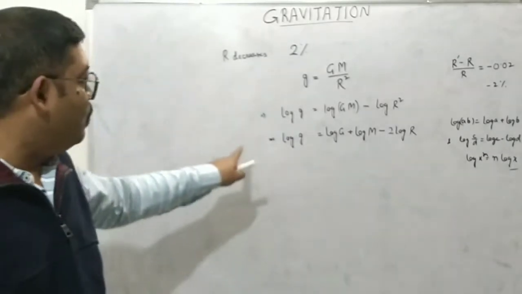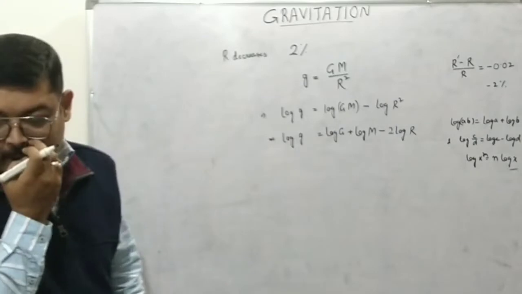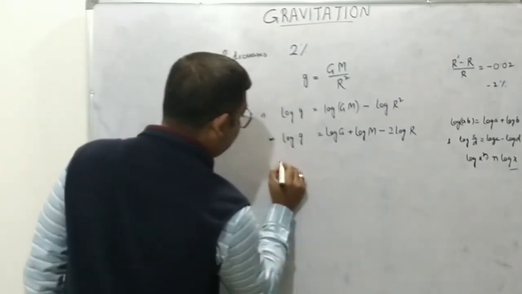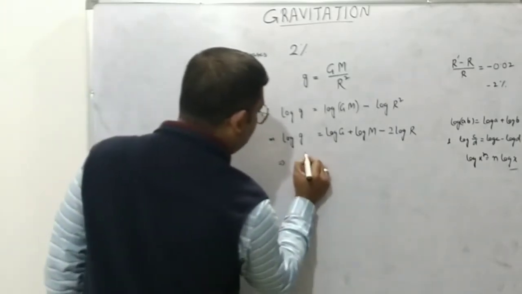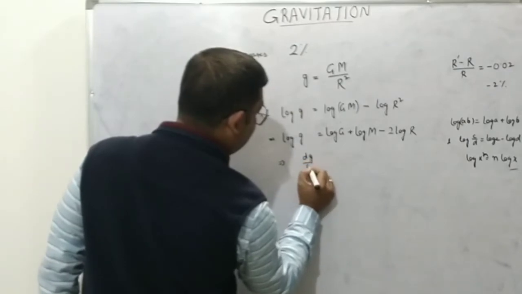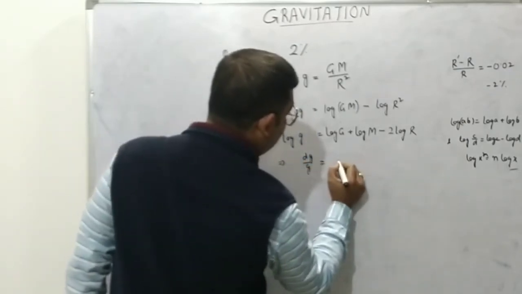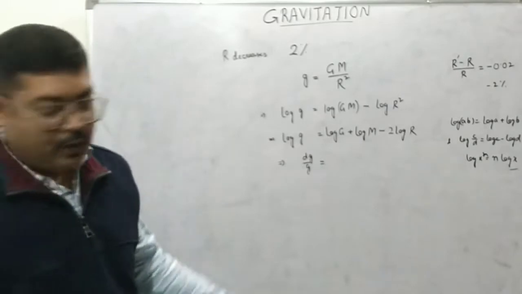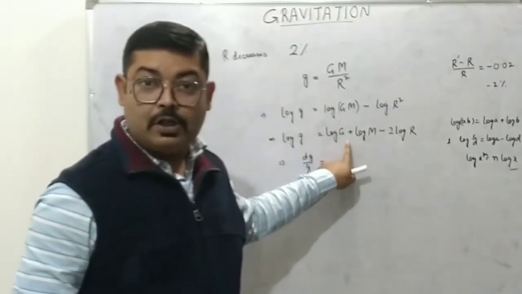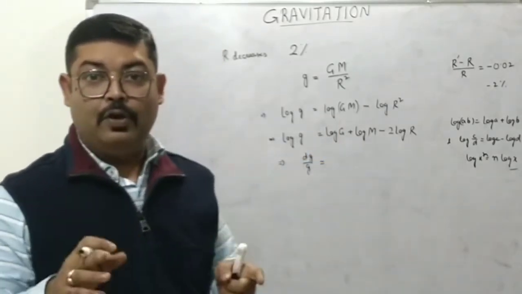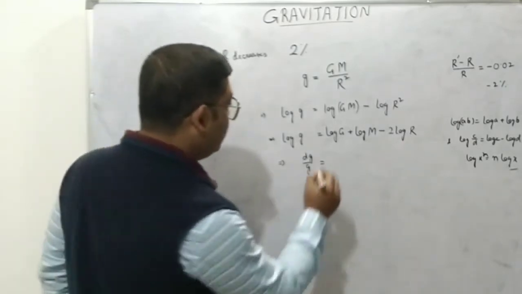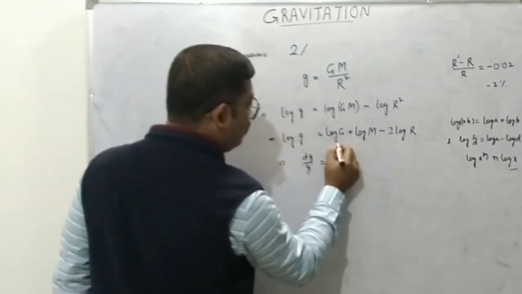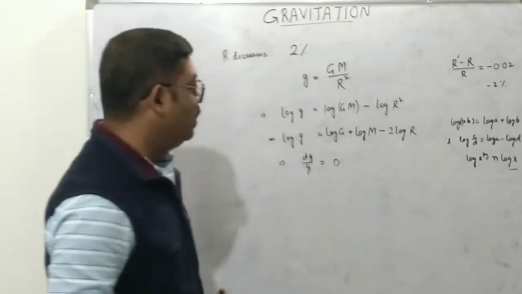Now if we differentiate both sides, what we will get? We will get dg by g will be equal to, if we differentiate a constant term, since G is the universal gravitational constant, we know differentiation of a constant is 0. So log G being a constant, it will be 0.